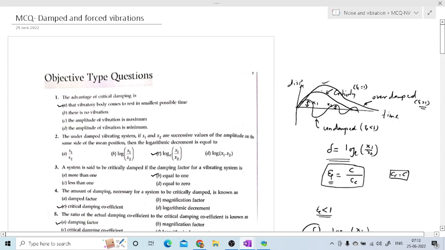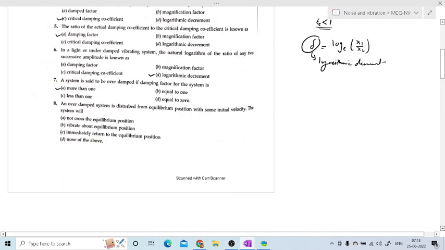After displacing, it will come to equilibrium position, but it will not cross this line. Means it will not go on the lower side. Means there is no vibration. So it will displace and again come back to its initial position. So the answer is A. It will not cross the equilibrium position.